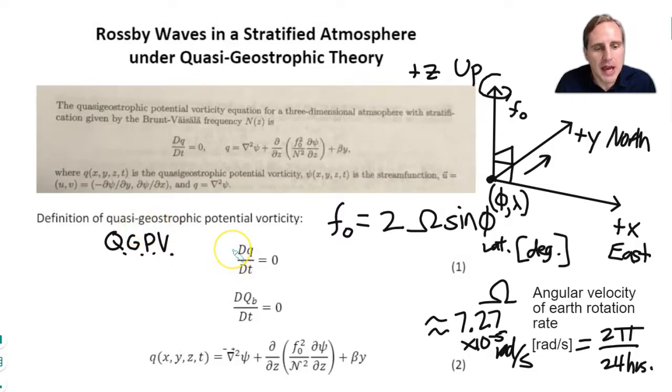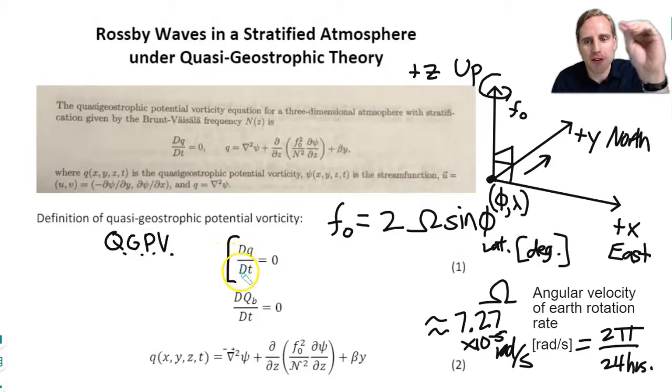But notice that the quasi-geostrophic potential vorticity, if you follow an air parcel around, so I'll talk about this in a moment, this is what we call a material derivative, sometimes called a substantial derivative, sometimes called a total derivative. If we tag an air parcel and follow it around to wherever it goes, which is essentially what you do in a Physics 1 class. But remember, when you're dealing with fluid dynamics, it's hard to find exact air parcels.